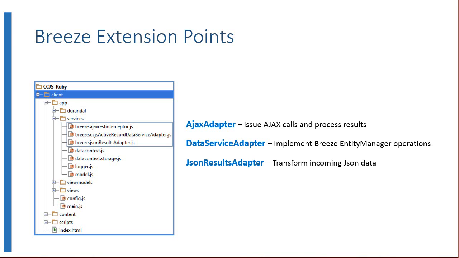There's a JSON results adapter which takes the JSON data, it's almost always JSON data coming from the server, and morphs it a little bit so that Breeze can chew on it better. And part of that process happens so frequently, that is to say the mapping of property names between the client and server, that we have a special component called the naming convention for dealing with that.